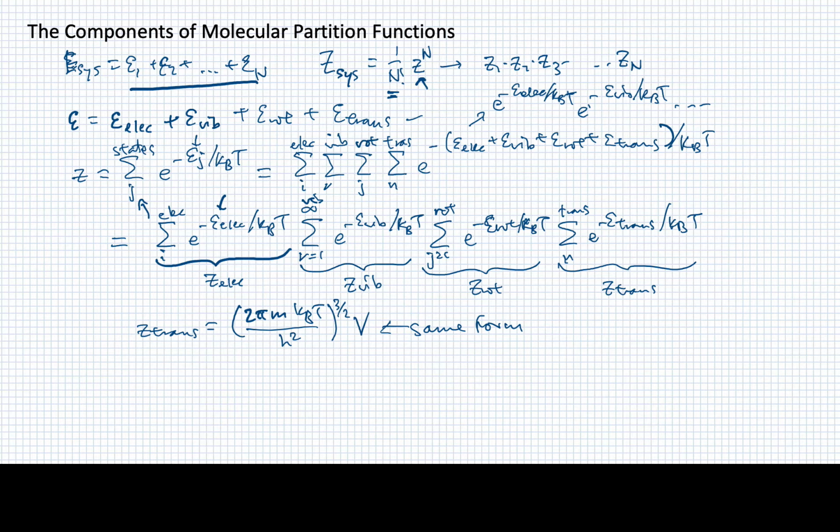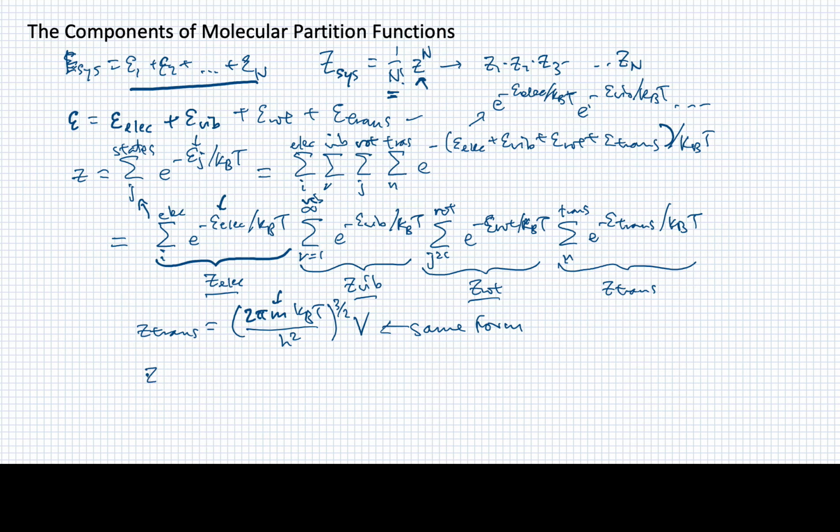The one thing that will differ for those particles is the mass. So as the mass gets lighter or heavier, it's going to change the relative magnitude of the translational partition function. It's these other three, the electronic, the vibrational, and the rotational parts of the partition function, that we're going to be concerned with in this lesson.